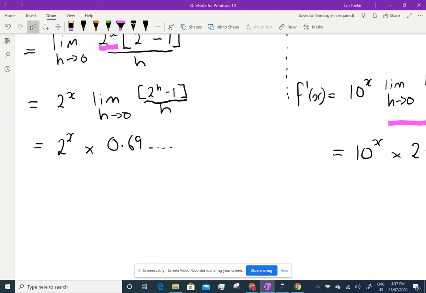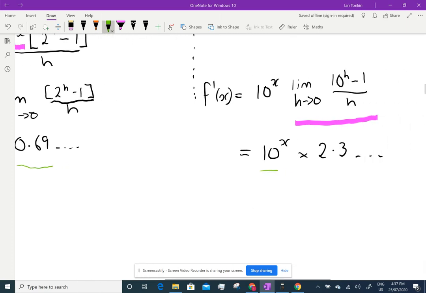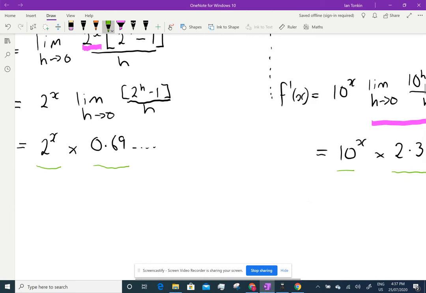Well, if I look at this, 2 to the x gives 0.69, 10 to the x gives 2 point something, I wonder if there's a number that, when I put it to the power of x and I differentiate it, I get 1. Wouldn't that be incredible? Wouldn't that be fantastic if there was a number for which that happened? And there is.